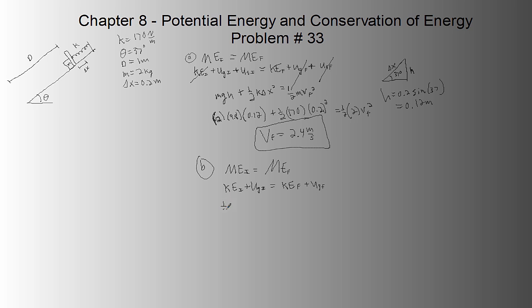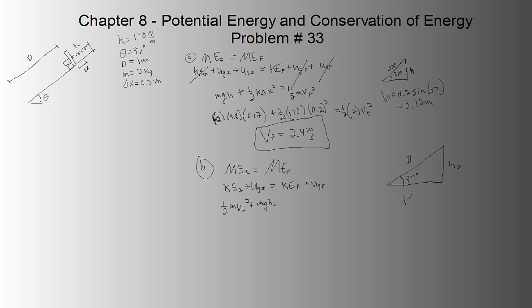This is 1/2 mv initial squared plus mgh2, where h2, we're going to do the same triangle thing. h2 is the vertical distance, D is the hypotenuse, and the angle is still 37.